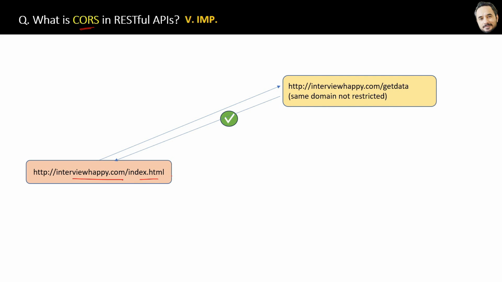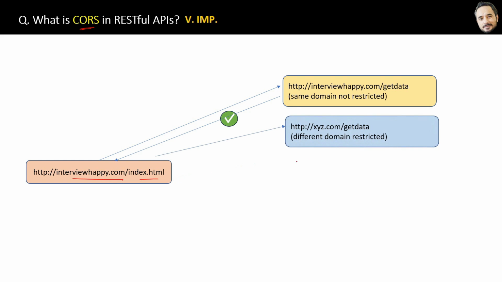But if you try to access the data of a different website like xyz.com, then by default, the CORS policy of the browser will restrict and will not allow this. Okay, this is CORS, which stands for cross origin resource sharing, which means web pages from cross origin websites, meaning from different websites or domains, cannot share resources, meaning cannot share data.